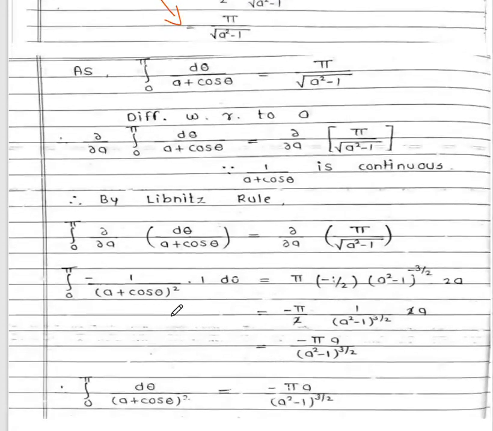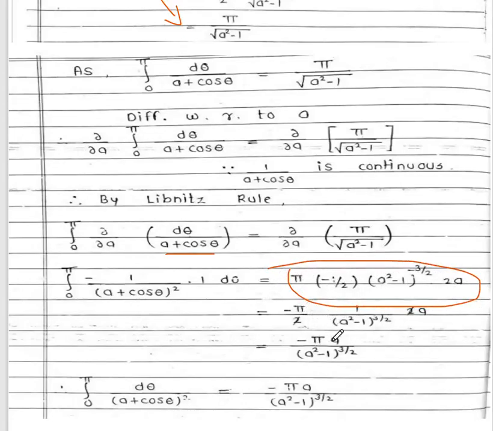Therefore, the left side gives minus 1 upon (a plus cos θ) bracket square times the derivative of this term, that is 1, dθ as it is. For the derivative of the right side, π is a constant, so minus 1 upon 2 under root a square minus 1 times the derivative of this term, that is 2a.